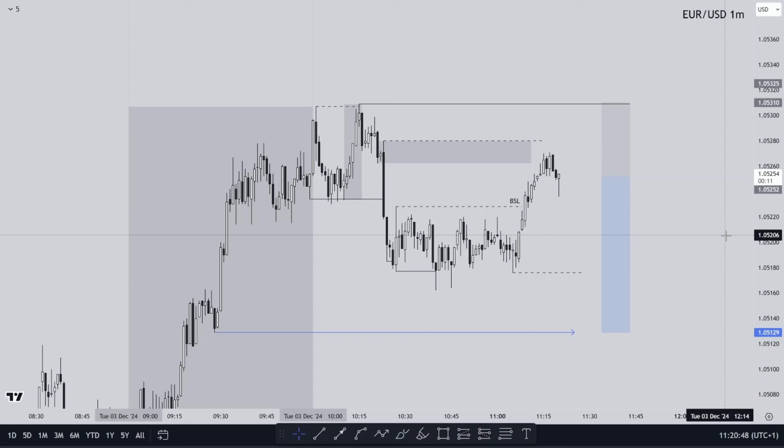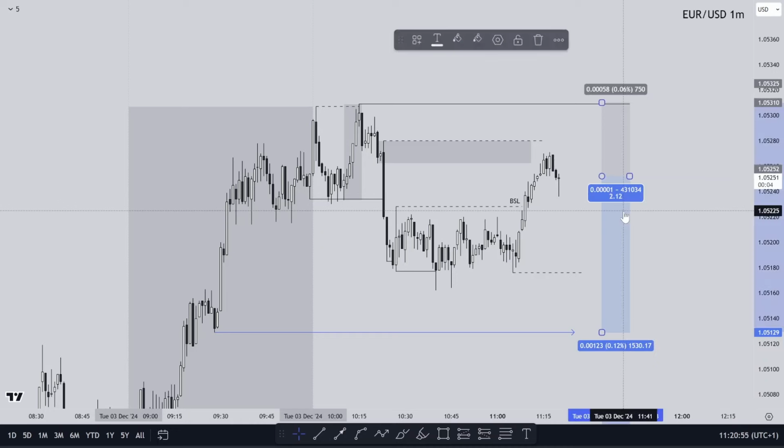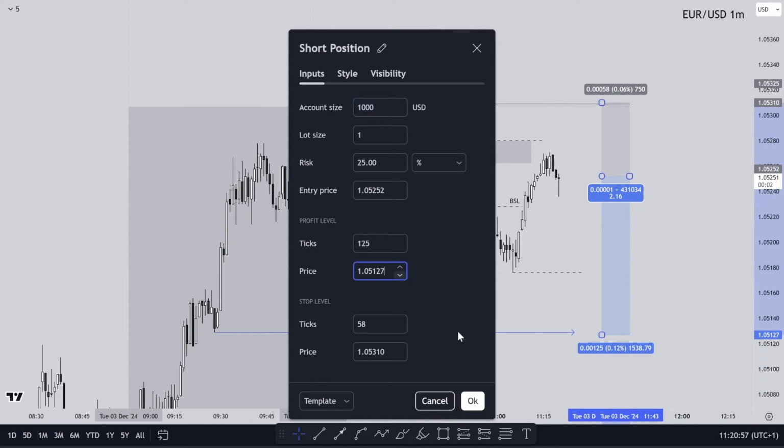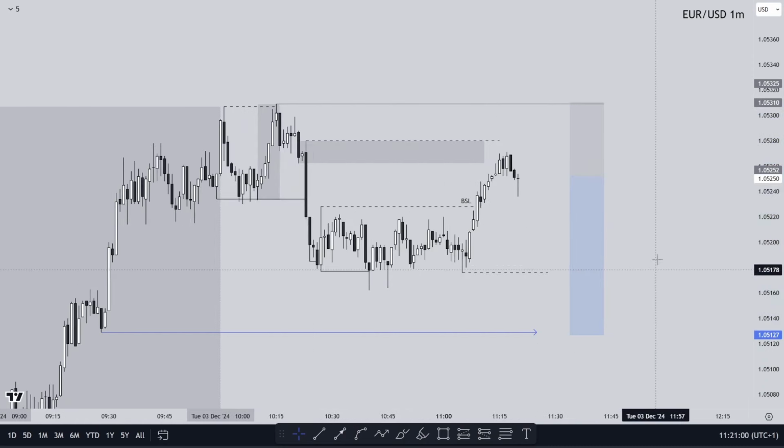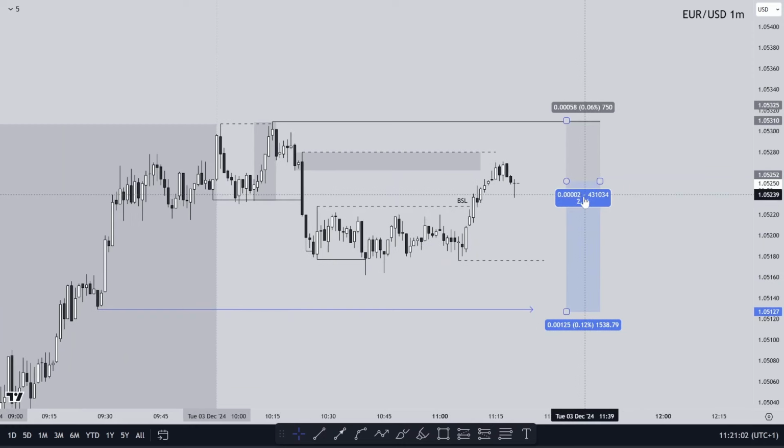Next week I hope everything will be set up. Okay, my TP is a little lower, 2 pipettes below, but it's very, very similar, so around 2R.